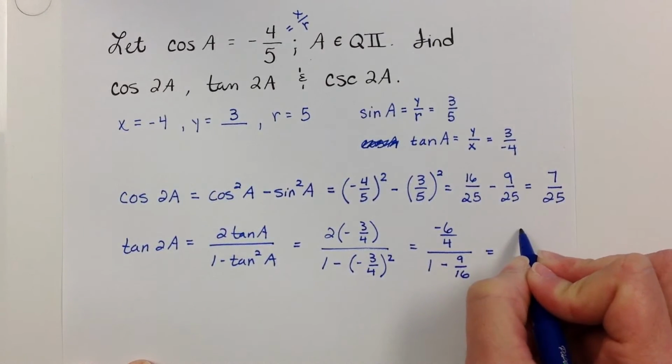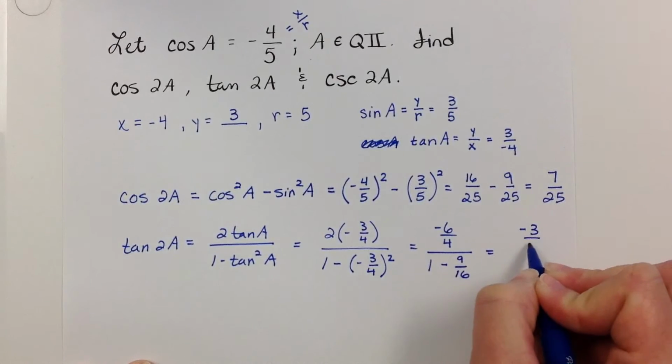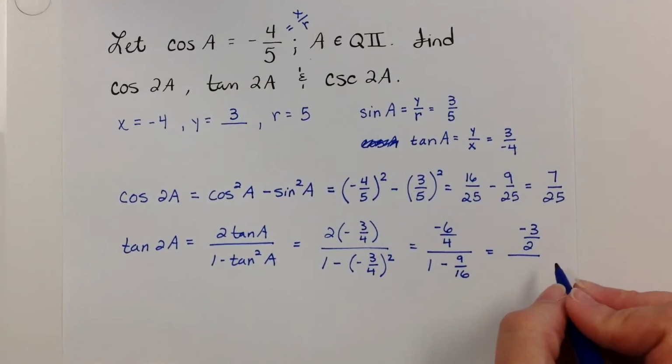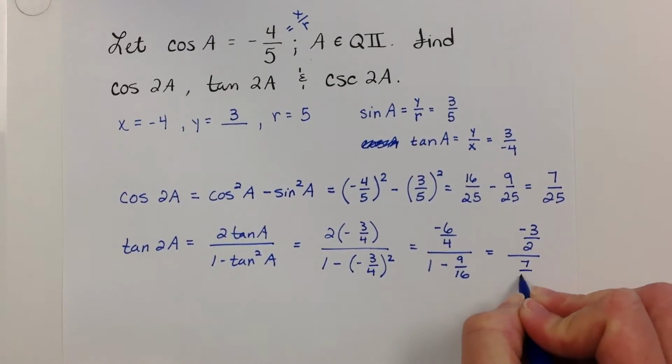I'm going to go ahead and reduce this, so I have -3/2. And then do the 1 minus 9/16, which gives us 7/16.